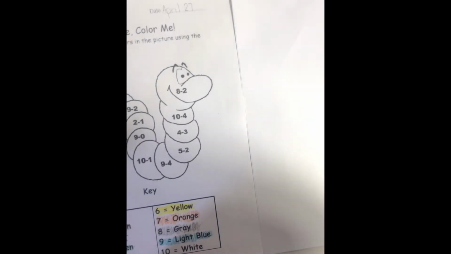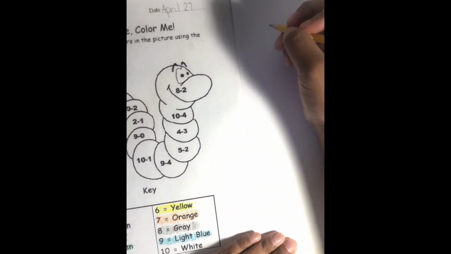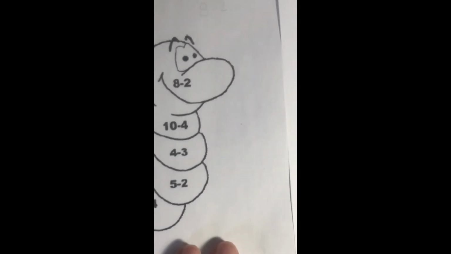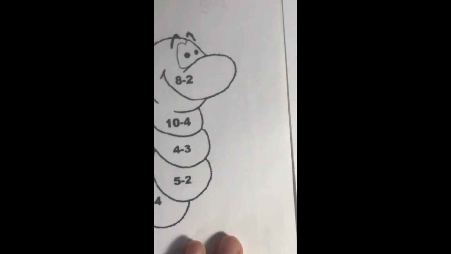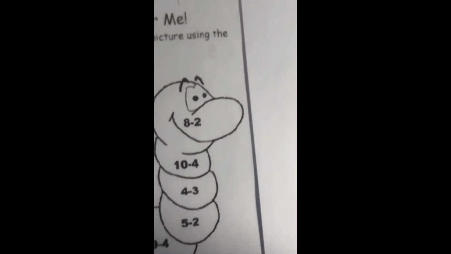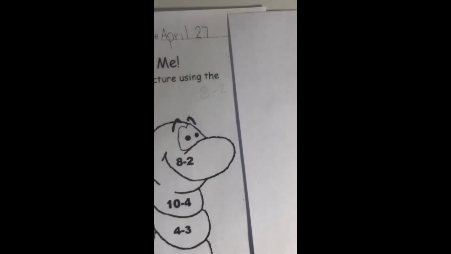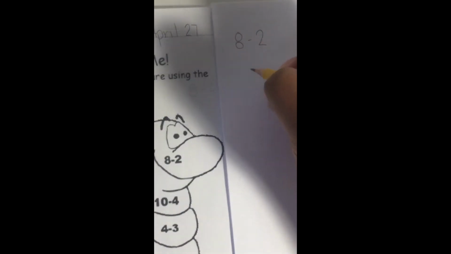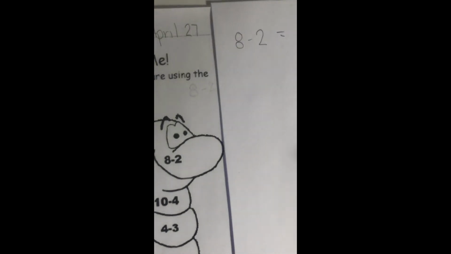I hope you can see this well. So let's go ahead and start with our first problem, which is 8 minus 2. 8 take away 2. So can you see this very good? Okay, here we go. So we have 8 minus 2 equals, we don't know the answer, right?